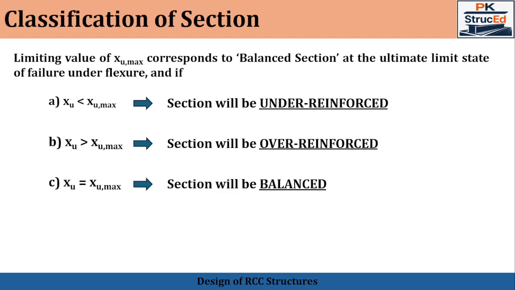On the other hand, when XU is greater than XU max, it shall be treated as an over reinforced section in which the concrete crushes before steel yields, wherein we can experience a brittle failure which is not permitted in practice. And the final case is the balanced section in which XU is equal to XU max, in which steel yielding and concrete crushing occur simultaneously, which represents the limiting condition.